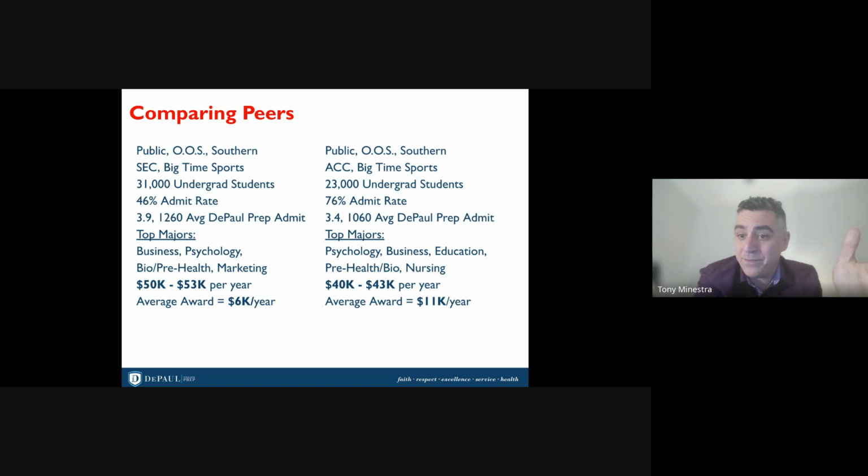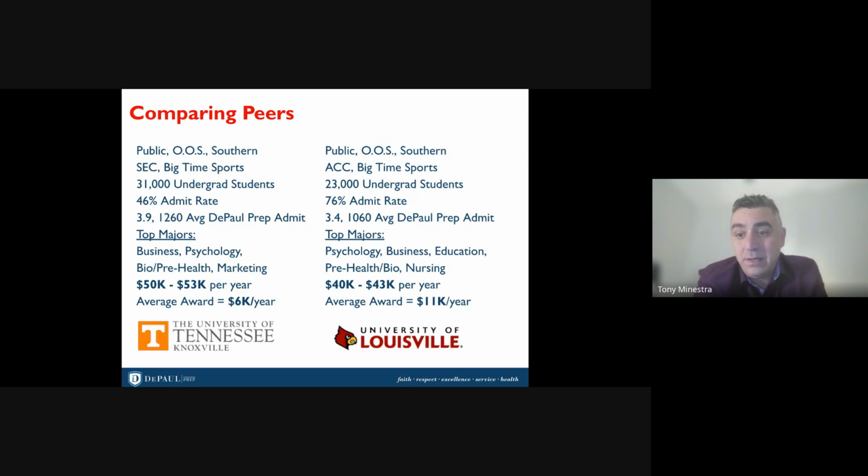The school on the left, you're paying in the high 40s in a good scenario. What are these schools? The University of Tennessee, Knoxville, and the University of Louisville. Both large Southern public universities, both big-time sports, both really well thought of, both tier 1 research institutions, but the one on the left has marketed itself into a position to be A, more selective, and B, give less money.